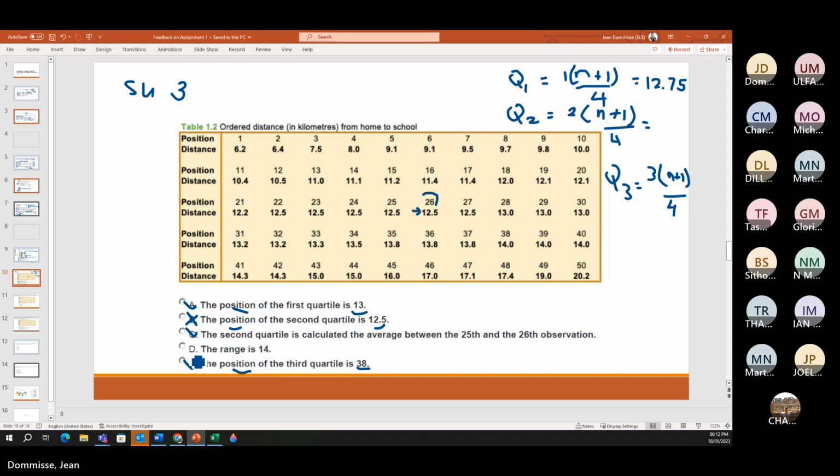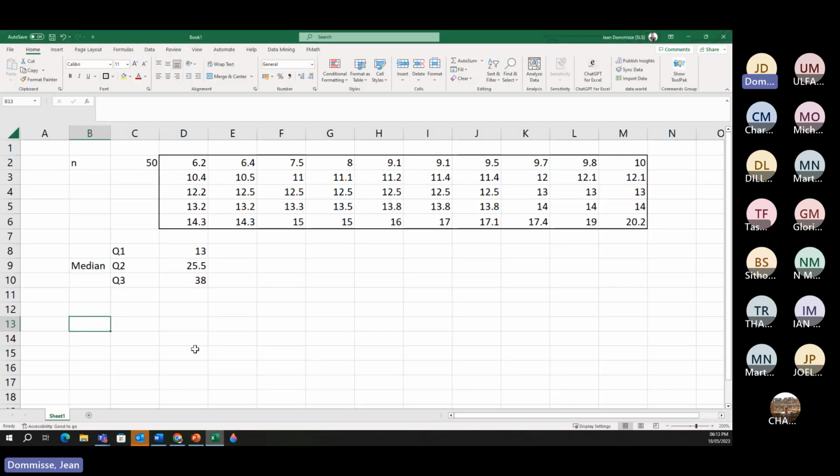Then option D, the range is 14. So if you take the range, it is the maximum minus minimum, so 20.2 minus 6.2 will be 14, but let's put in here range as well.